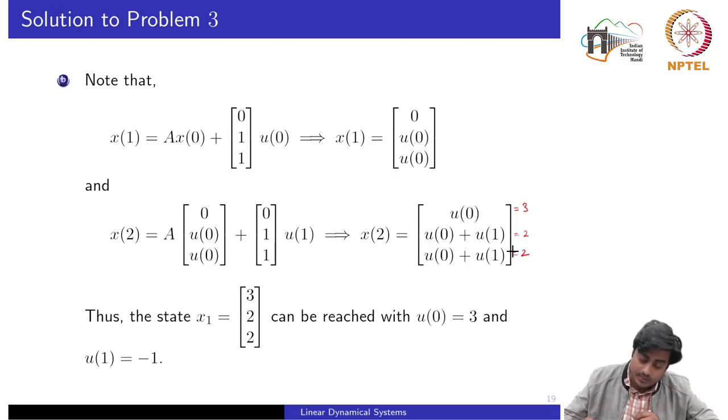So in only 2 steps we can reach the value which is specified initially, 3 and 2. And the values of the control signal would be 3 and -1. Okay.